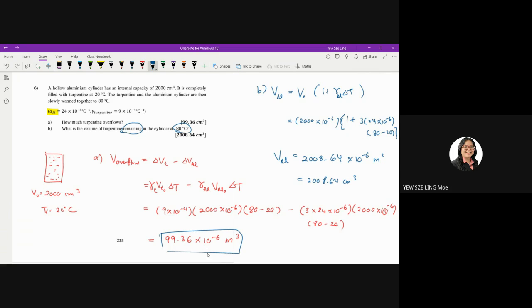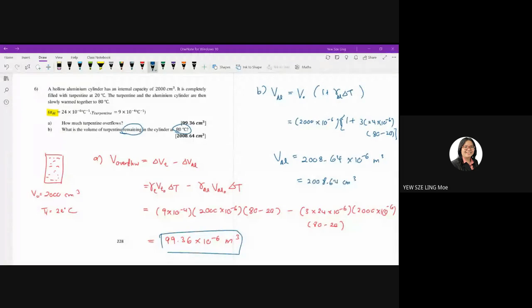So this much has already overflowed. So if you calculate the final volume for the liquid, it will be larger than the cylinder. So I say this question is tricky because it asks for the volume of the liquid remaining in the cylinder, but actually it's asking for the final volume of the cylinder. That is the answer for question number 6. The question is tricky only in part B.